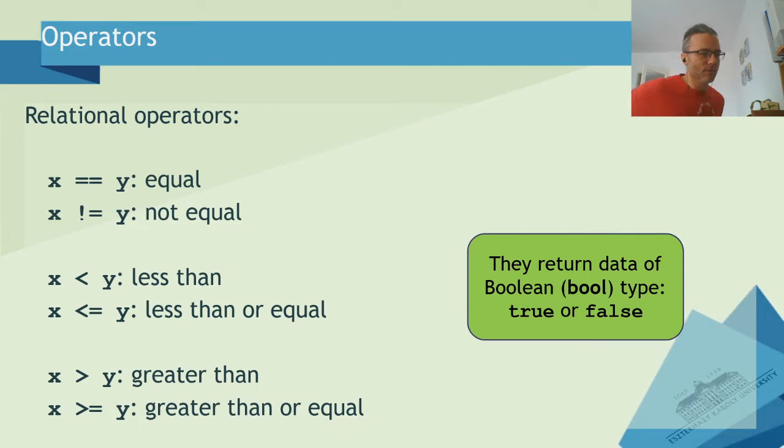So these operators return a logic value, or in other words, a Boolean value, true or false. And this is another data type in C#, which is called bool. Soon we will learn about this type as well.